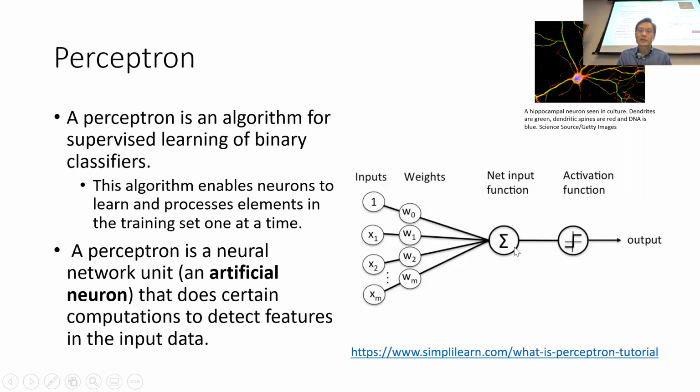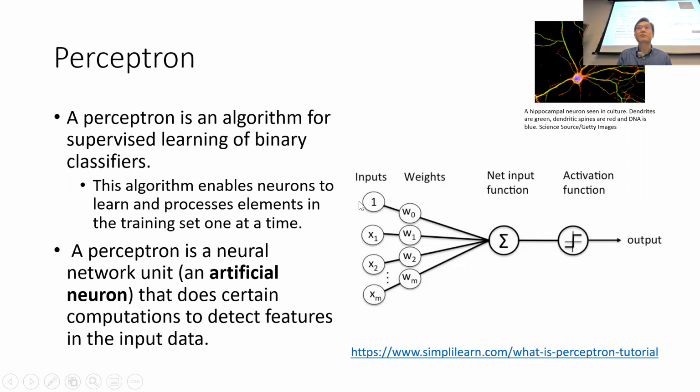So we can consider the perceptron as this symbol here. You see a sum sign in the middle, because the function of this is just to take input. If you think this neuron has a lot of inputs, in this case we have 4 inputs.